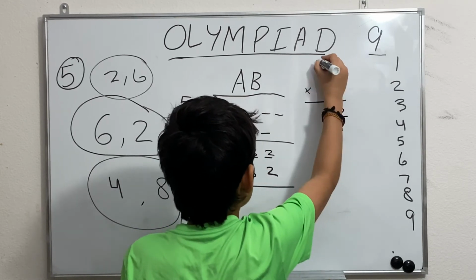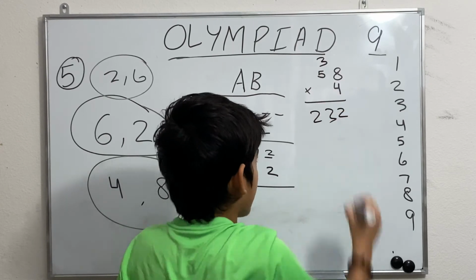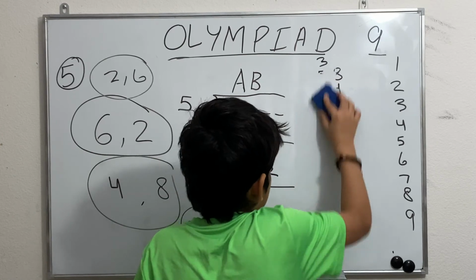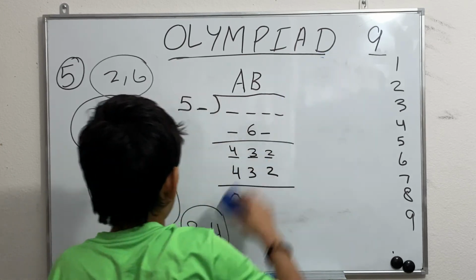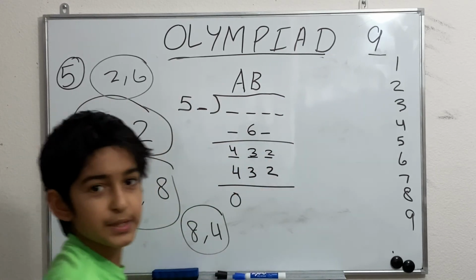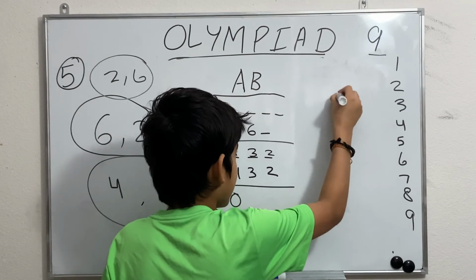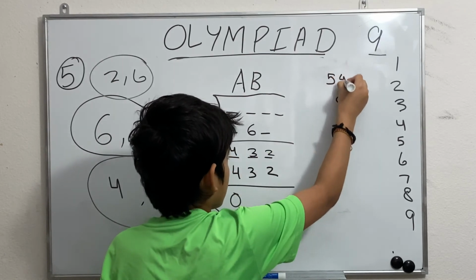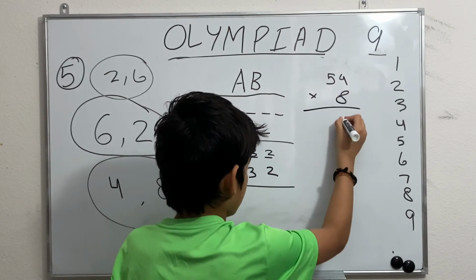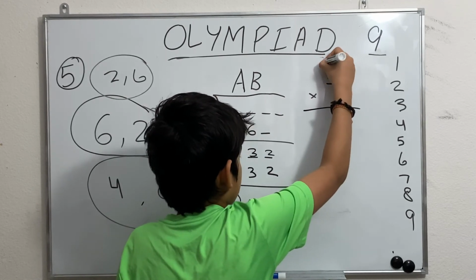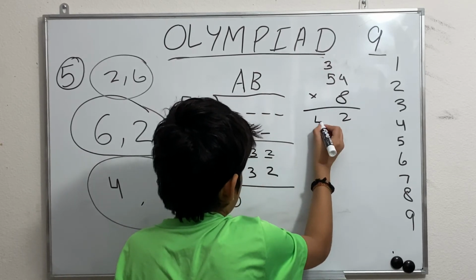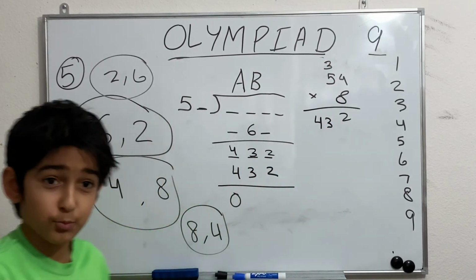Multiply this by 2, 3, 23. This is way too short. So let's try the other possibility, switched, which means B is 8. So 8 and then 54. Multiply this, and we get 432, which is what we wanted.